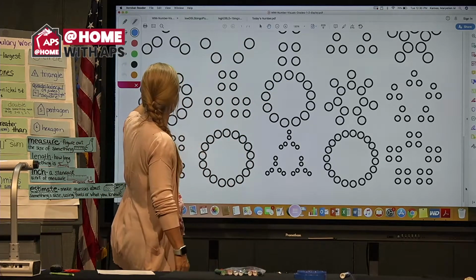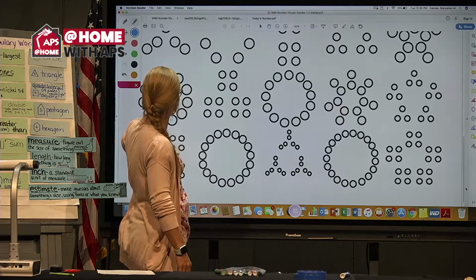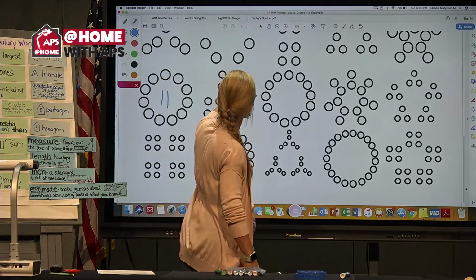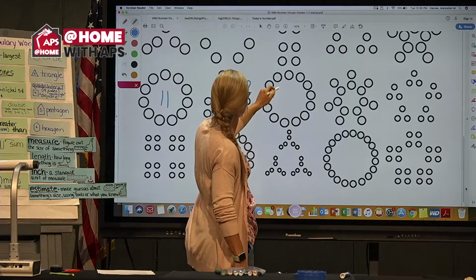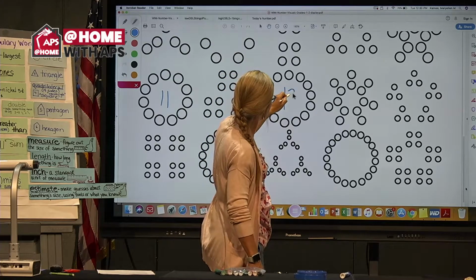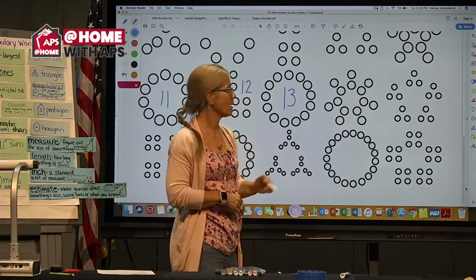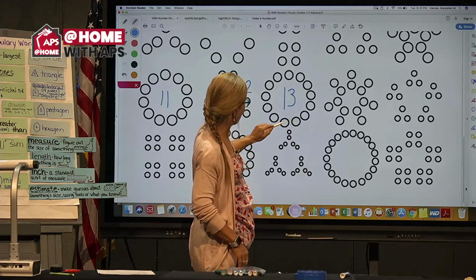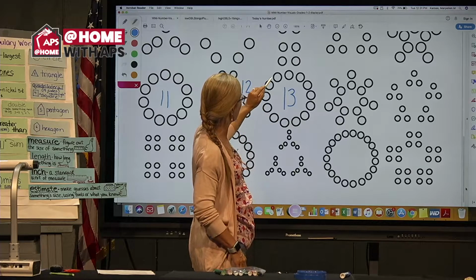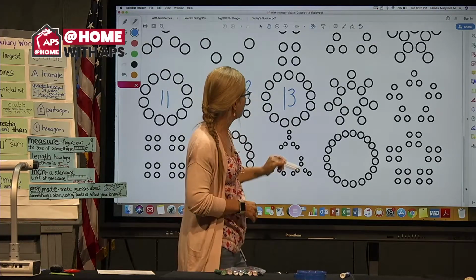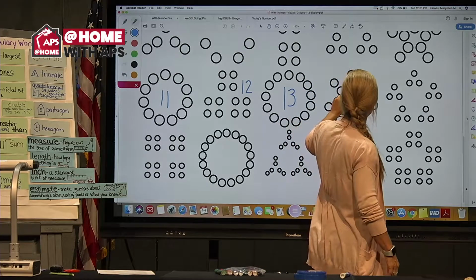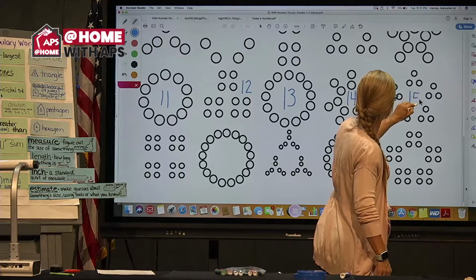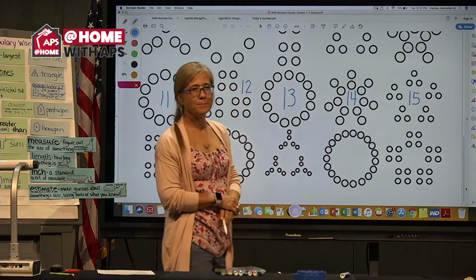So then this one is probably 11. 12 would make sense for this. 13. I'm just going to double check that we're on track. 1, 2, 3, 4, 5, 6, 7, 8, 9, 10, 11, 12, 13. Yep. So probably this one is 14, 15, and so on, right?